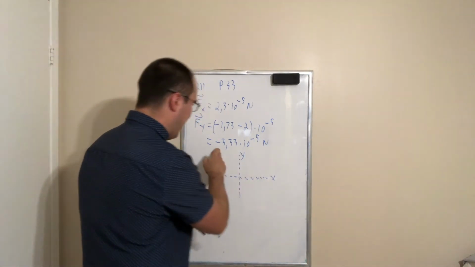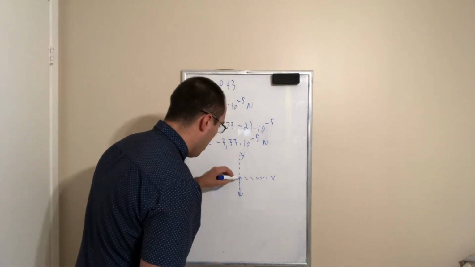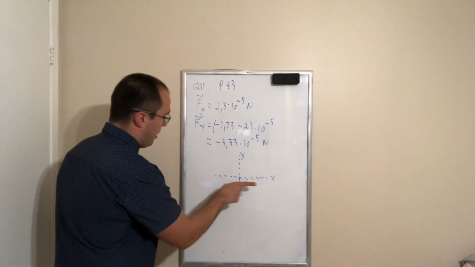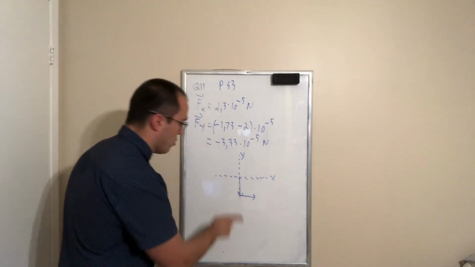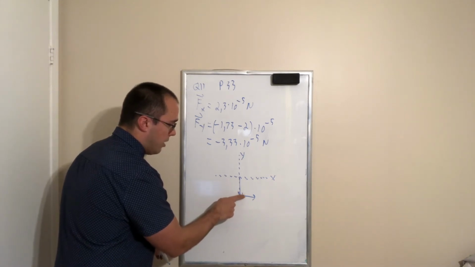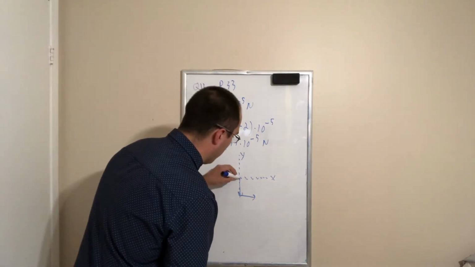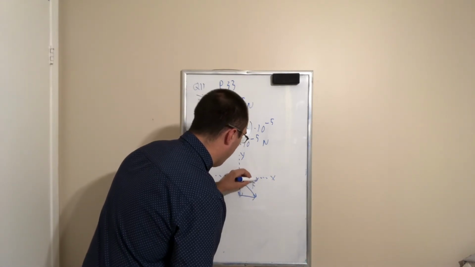It is pointing in the negative y. It is slightly bigger also than the x component. So the x component is pointing in the positive x. So remember, we are adding these vectors, so we link head to tail to the other one, and we draw a resultant vector over here. This will be our net force.